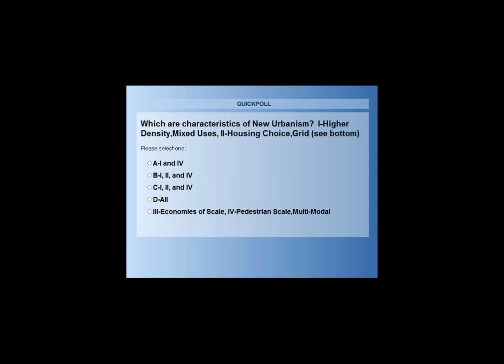So 1 is the higher density, 2, housing choice, 3, economies of scale, 4, pedestrian scale. And then the answers that I want people to be choosing from are A, B, C, and D. But it looks a little different on the quick poll, so I just wanted to let everybody know that.